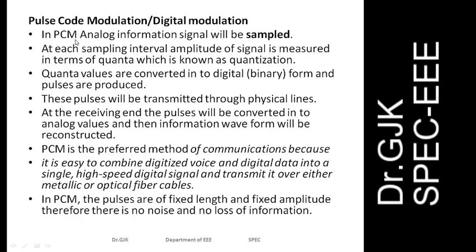So in PCM, as usual, the analog information signal will be sampled. That is, the x-axis of the information signal will be divided into n equal intervals. At each interval, the magnitude of the information signal will be measured and it is known as a sample. And the sample value at each instant will be rounded off to quanta.